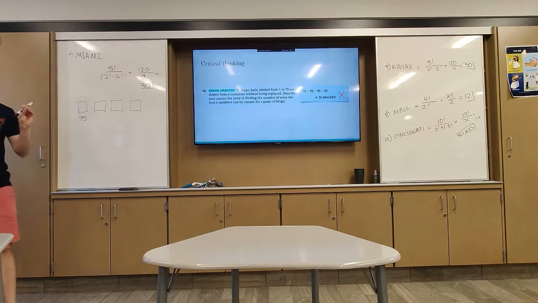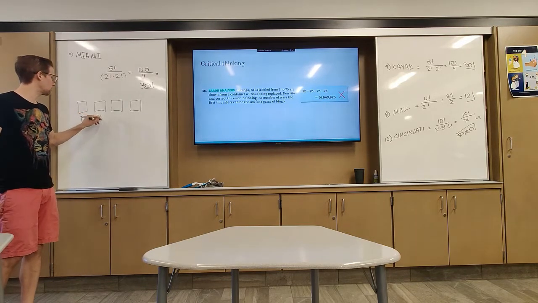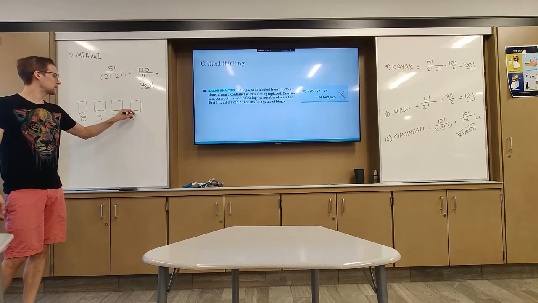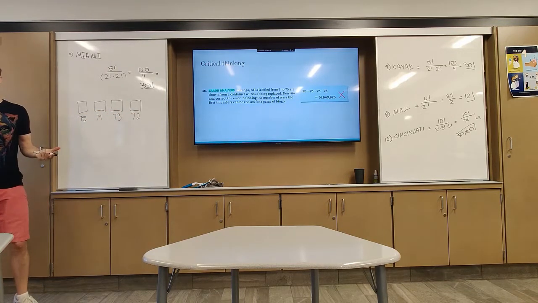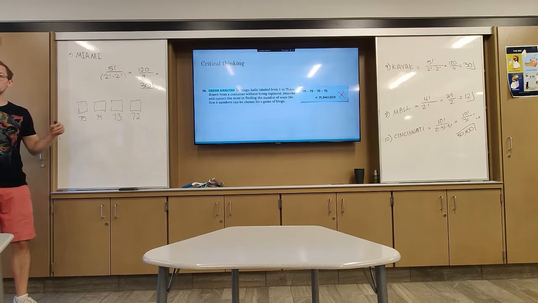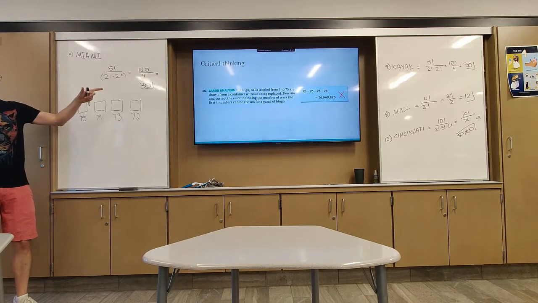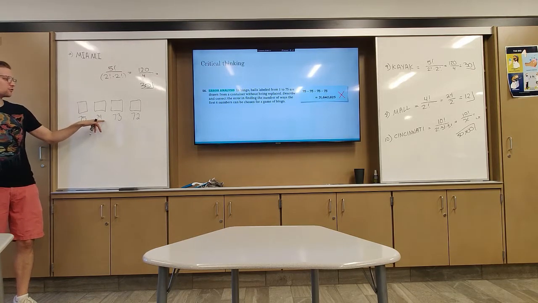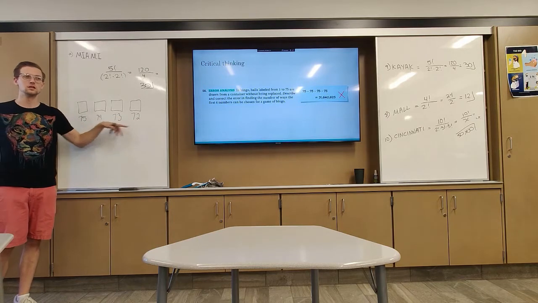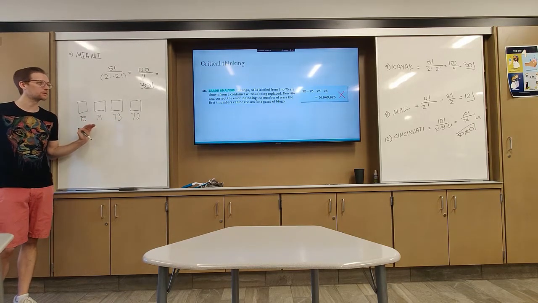But because I'm not putting it back in the container, how many are available here? 74, 73, and 72. And so the number of different ways that I can pick 4 bingo balls from a container of 75 when I'm not replacing is 75 times 74 times 73 times 72 using the fundamental counting principle.